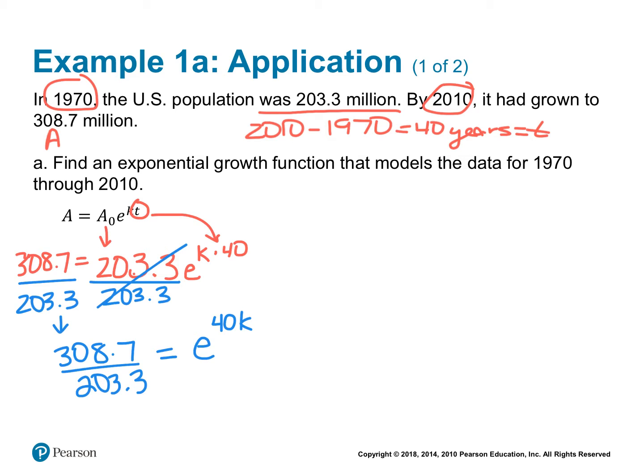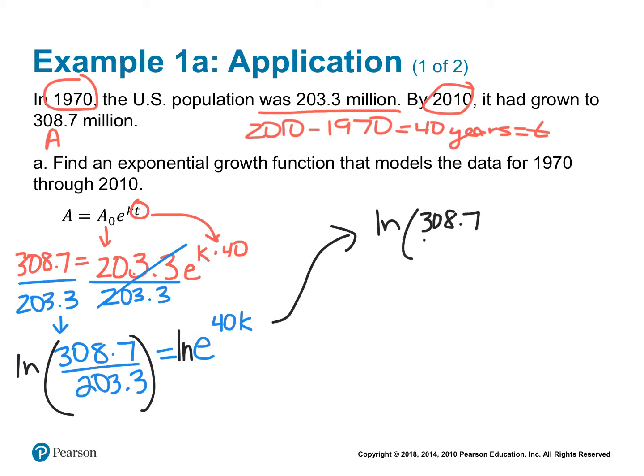Okay, so we learned in our other ones that we can simplify these by taking the natural log of both sides. So let me write this up here. I'd have the natural log of 308.7 divided by 203.3.